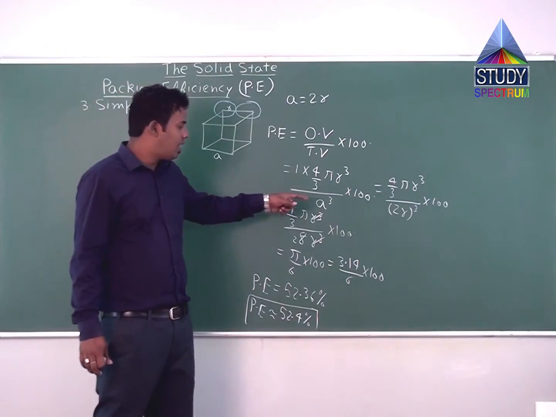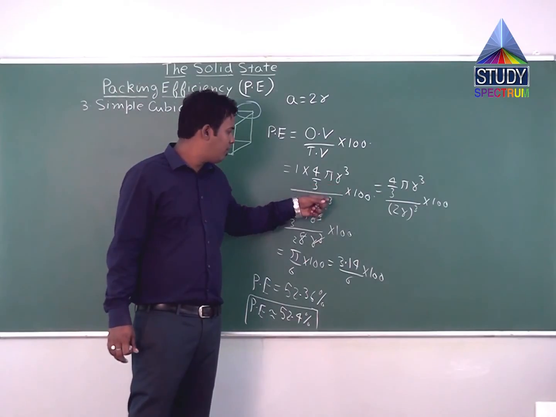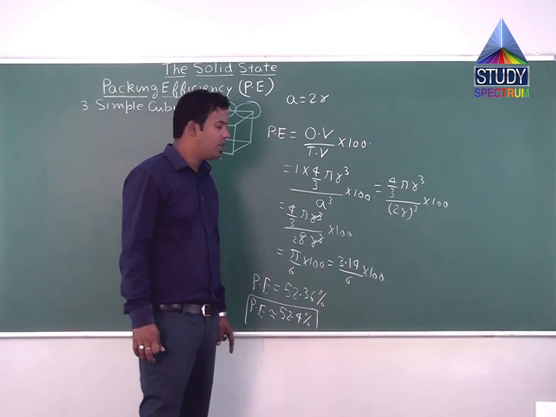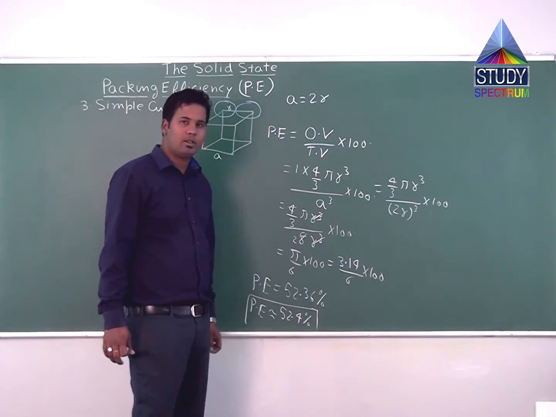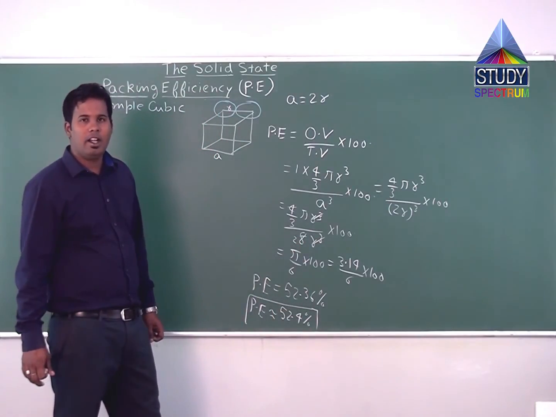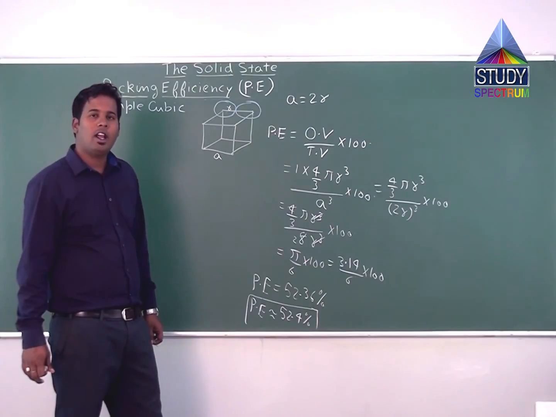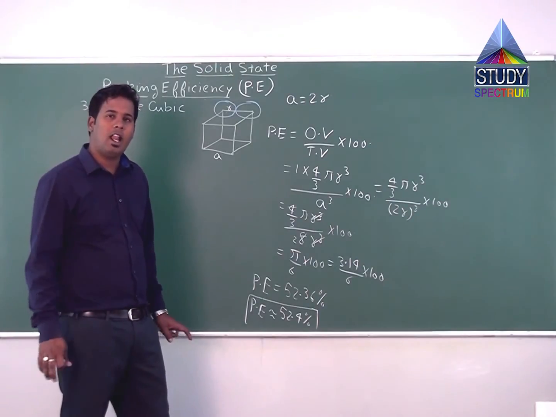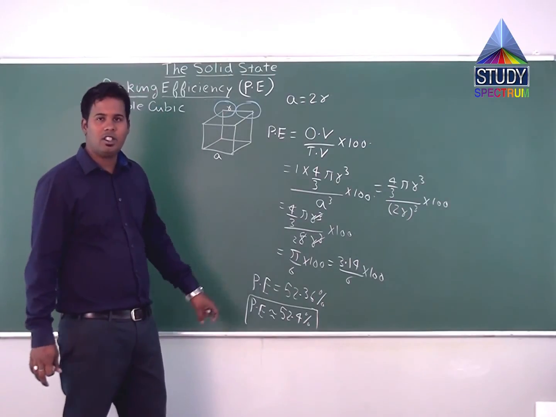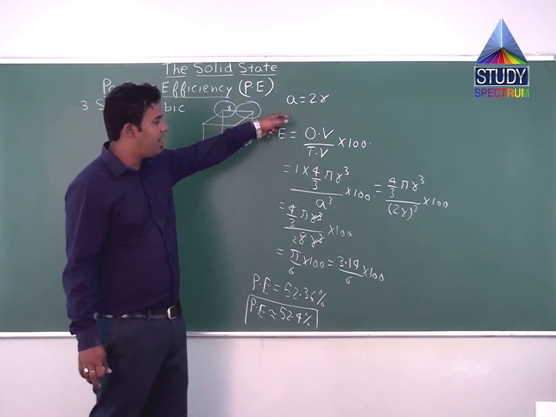And since again, like every time, we have two different variables, one in numerator and one in denominator, that is r and a respectively, we need a relation between a and r so that we are left with only numbers and can calculate packing efficiency easily. That is why we have a is equal to 2r.